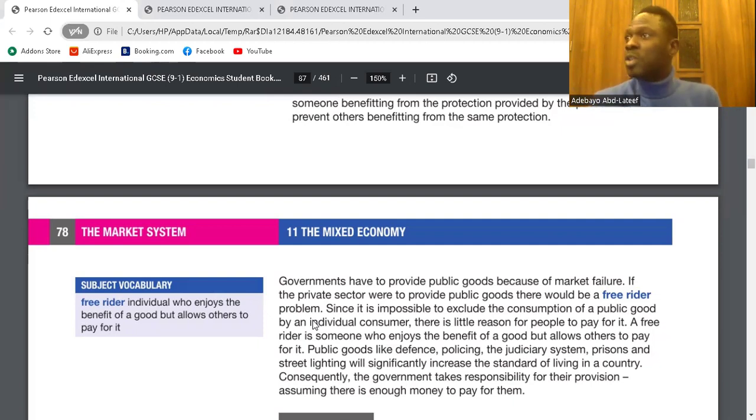The private sector cannot stop anyone from taking them, like street lights. So the private sector would not want to dabble into what is not going to be profitable. So there is a free rider problem. So because there's a free rider problem, these goods would never be provided by the private sector.